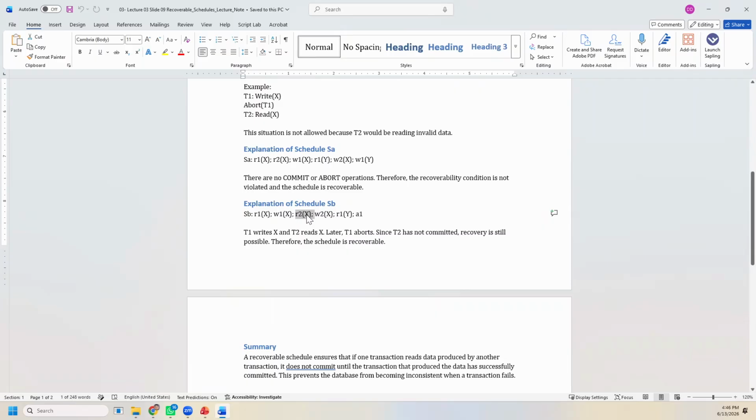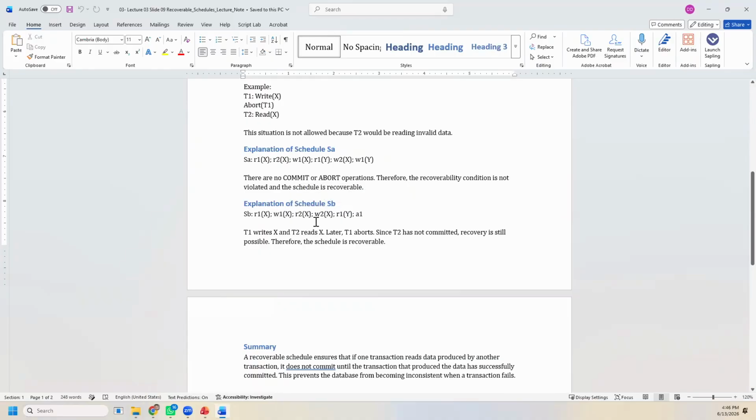But even though T2 used this modified data, T2 has not committed. That means unwanted or dirty data is not going to the database, right? Therefore, this can be recoverable, right?